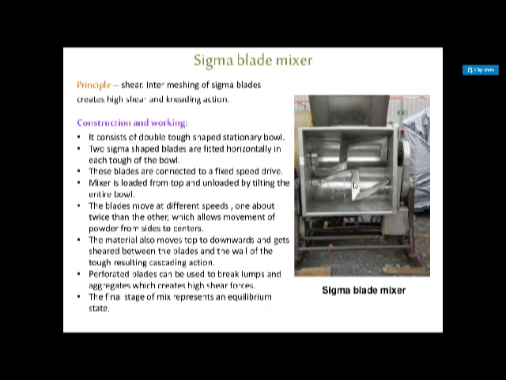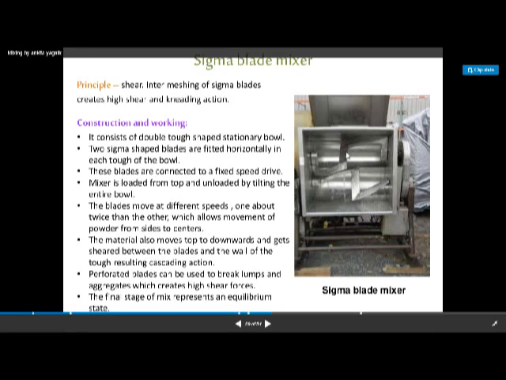Suppose one rotates at a slow speed, the second one rotates at double the speed of the first, which allows the movement of the powder from the side to the center.